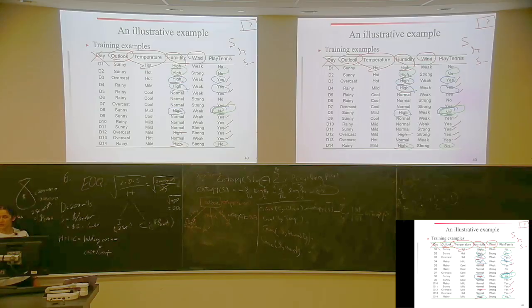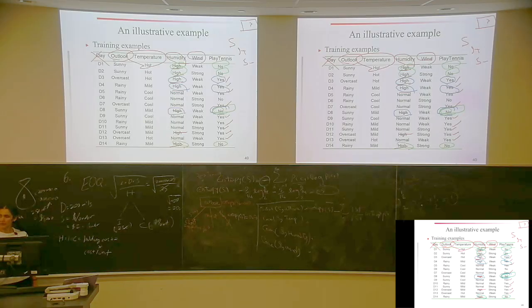So 1, 2, 3 of them belong to class no. Actually, this one was also no. So this is also humidity high, right? With class label no. So 1, 2 here, 3 here, and 4 instances belong to class no.